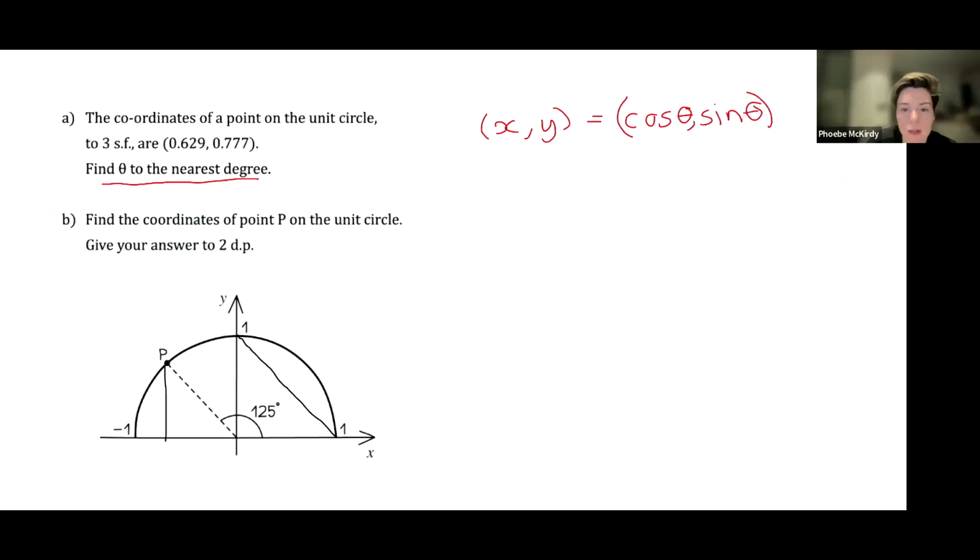So in this case, cos theta is equal to 0.629 and sin theta is equal to 0.777.